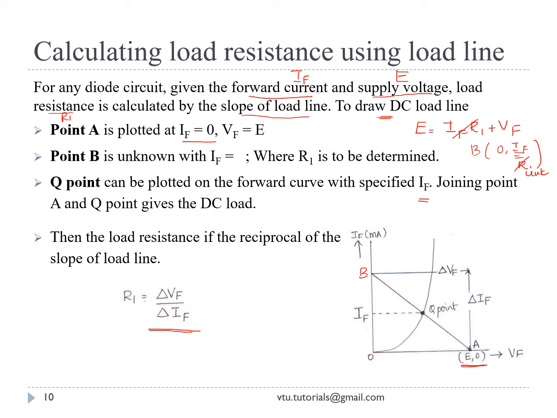Then drawing a line from A to Q and producing it further to B gives us the complete DC load line. The slope of this DC load line is determined like this: delta VF by delta IF gives the load resistance or series resistance R1. Okay, is it clear? So let's go to the next topic.